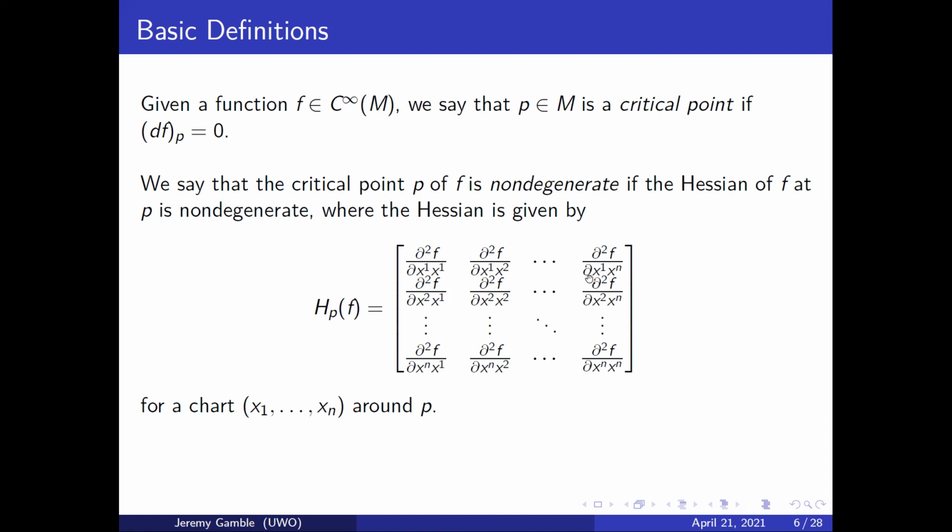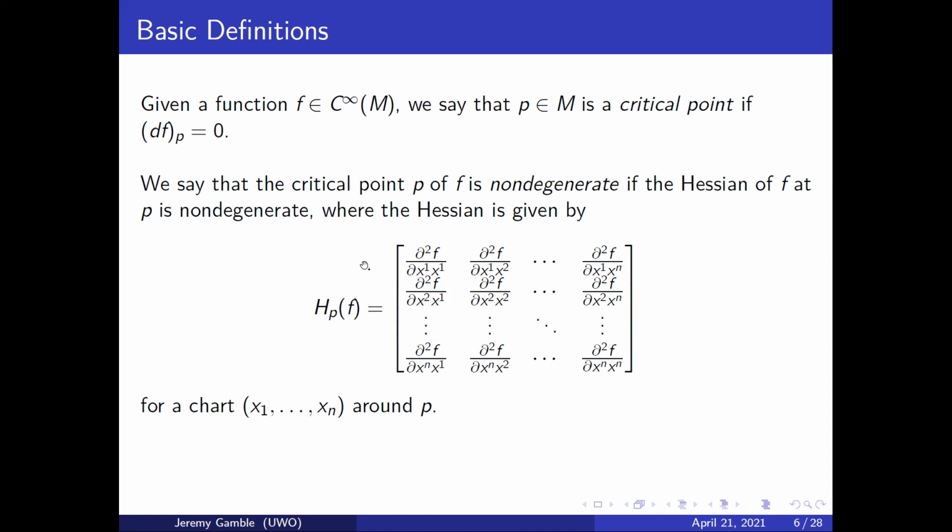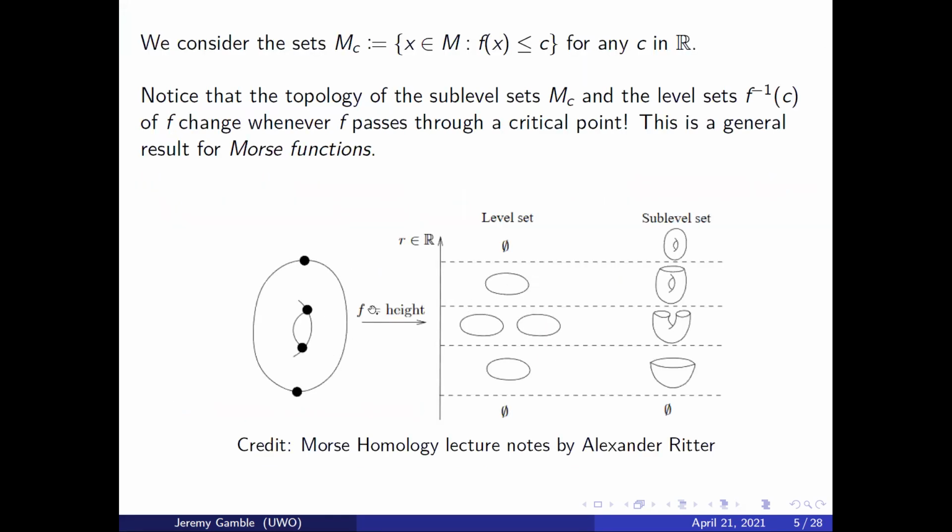You can do this a little bit more coordinate independently, but I figured I might as well show it in the way that most people have seen these things before. And we say that a smooth function f is a Morse function if all the critical points are non-degenerate. So in the previous slide here, the height function is an example of such a Morse function on the torus.